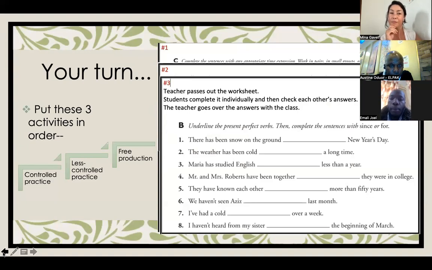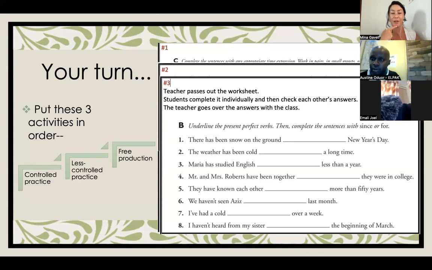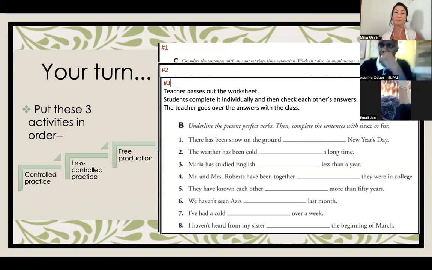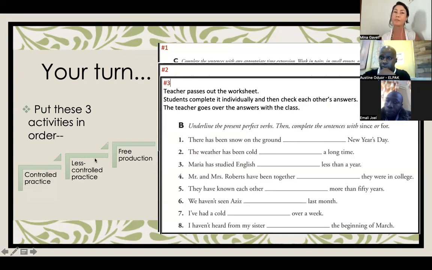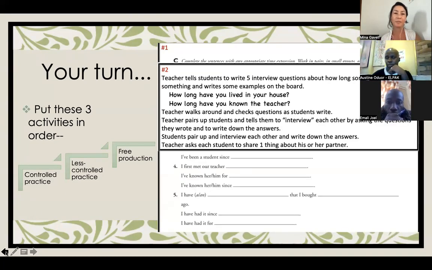question was, I think it was #1 or it was A. Now the first, yes, I see it here. #3 was controlled. Good. It was controlled because the student is not given that freedom to choose between many options. #2 pre-production, because here a learner is to investigate or to find out what to write.